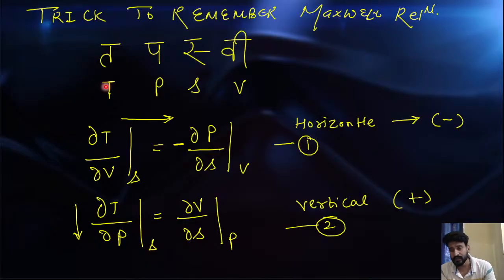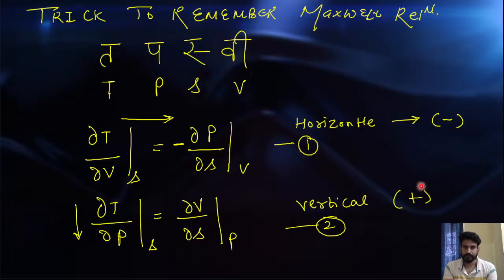This is the first point. The second point is, if you are going horizontally to make the word TAPASVI, then in the relation you have to put a negative sign, and if you are going vertically to make this word, then you have to put a positive sign.